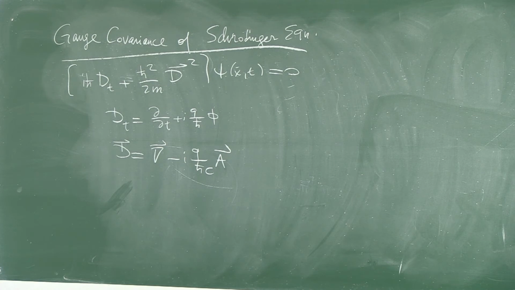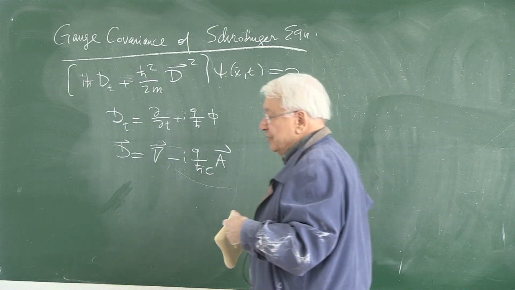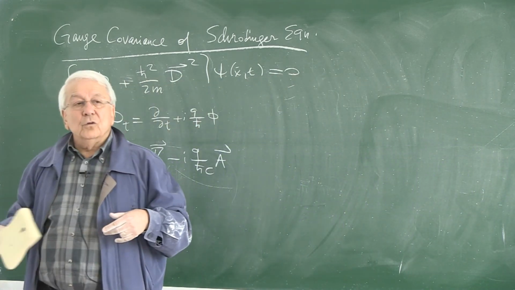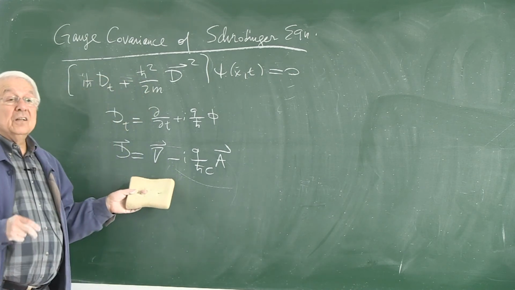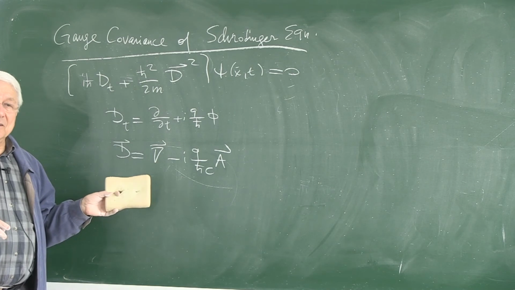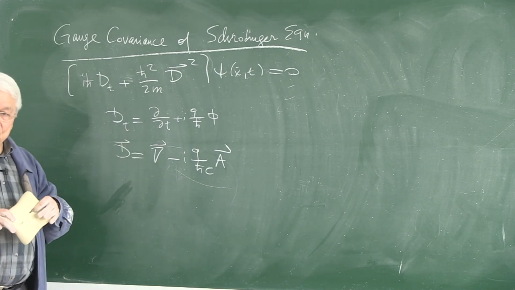The metric is 1, minus 1, minus 1, minus 1. Space momentum is the P vector, h bar over i, the gradient. Time is i h bar d by dt, or minus h bar over i d by dt. There's such a beautiful difference. That difference is a reflection of Einstein's theory of relativity, and you'll see more of it when you move into the second part of the quantum theory. But don't think that I'm making a typographical error here. This is really what it should be. It's correct.